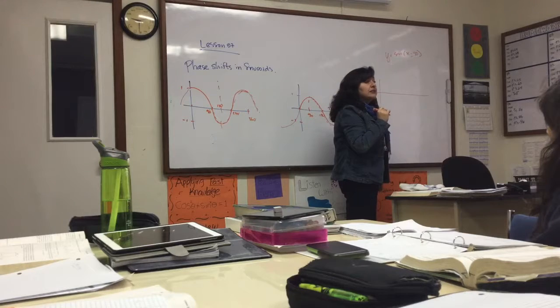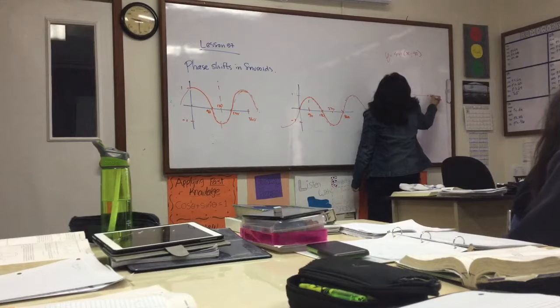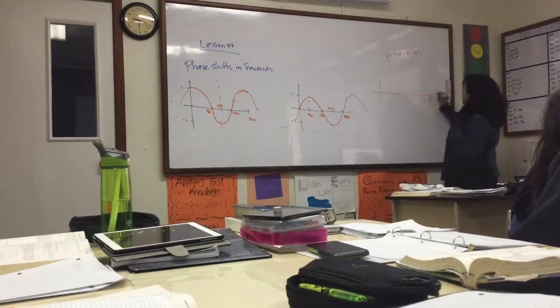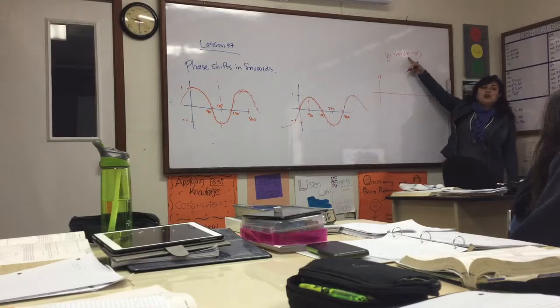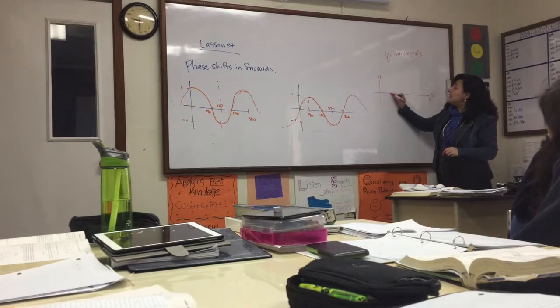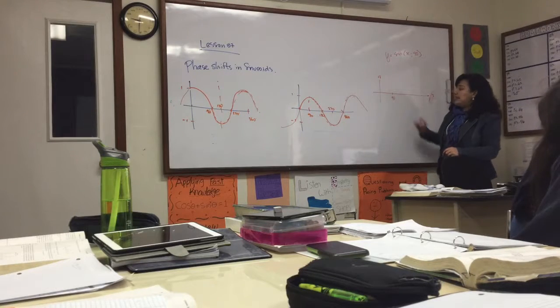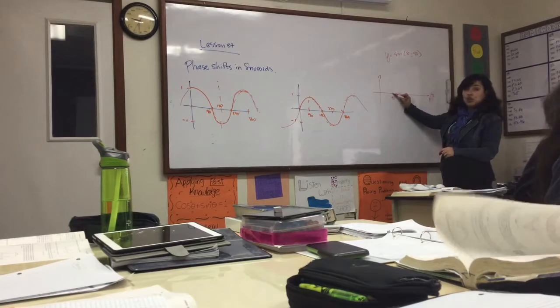With sine. If we call this one x and this one y, it's telling you what it's doing in the x. It's moving 90 in the positive side, right? So instead of starting at 0, it's starting at 90. And if it starts at 90 and it's a sine, it starts down here.